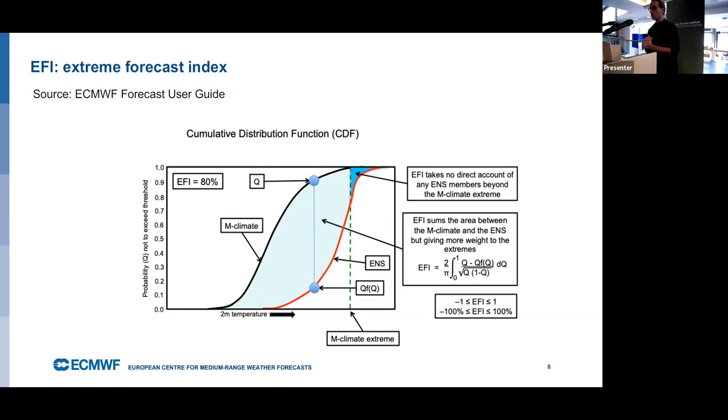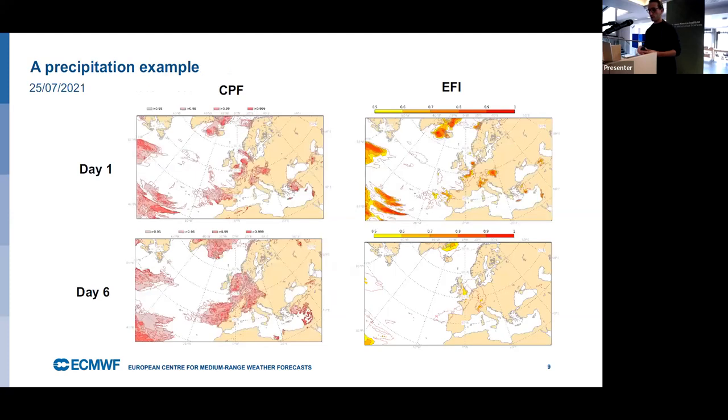So you have the formula here, another equation in my presentation. And this EFI is very much driven by the ensemble mean and modulated by the ensemble spread. So we will see how it compares with the CPF in this example.